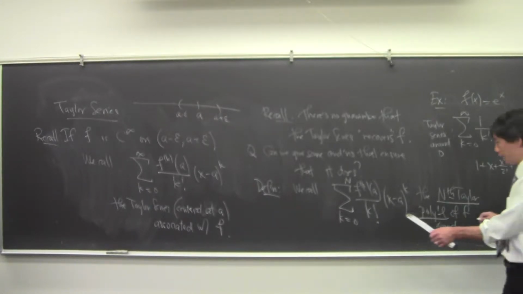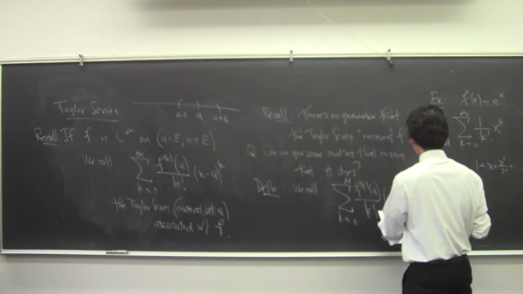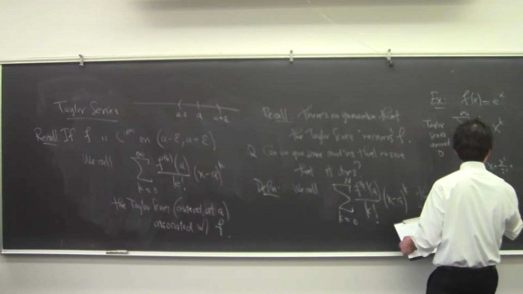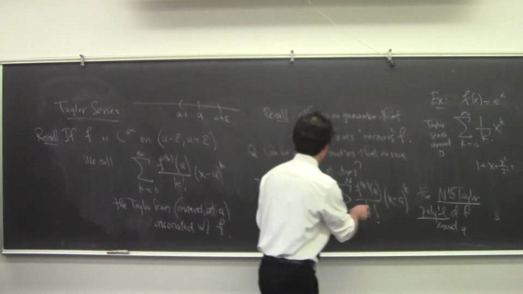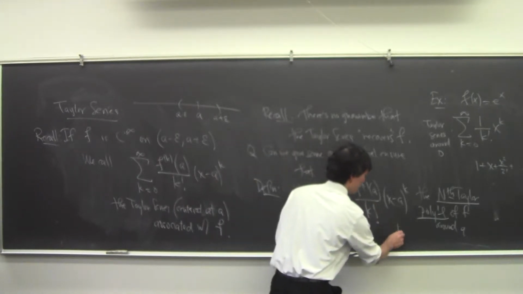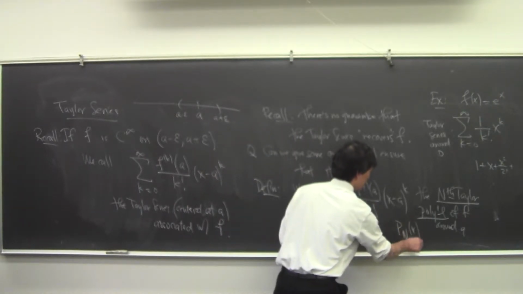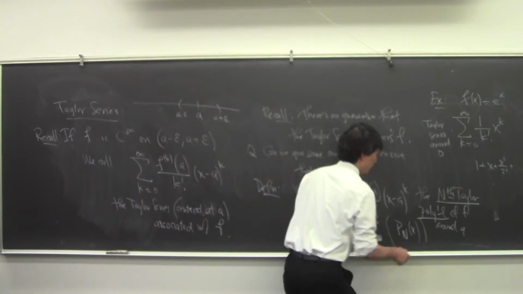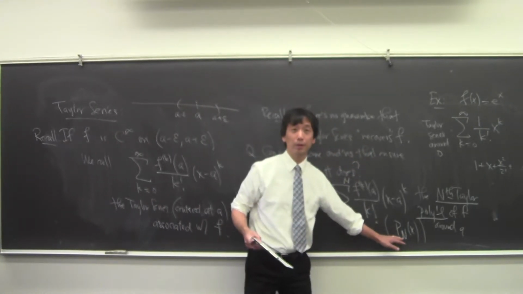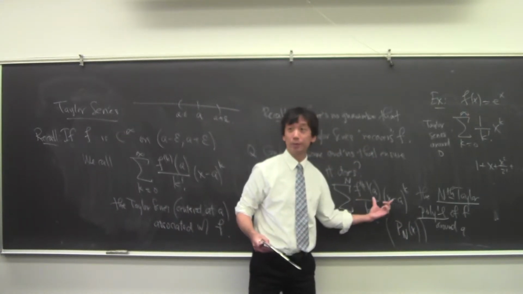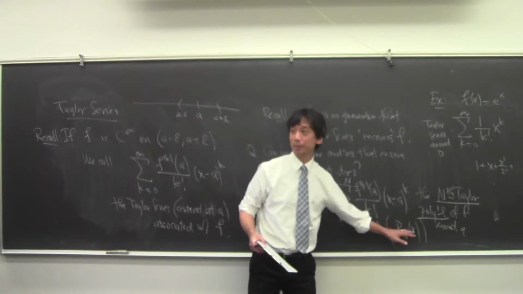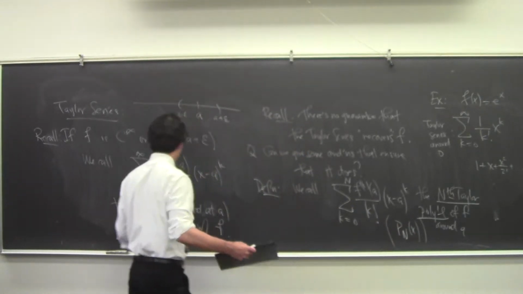Let's call this thing p sub n of x. Let p sub n of x denote this nth Taylor polynomial.